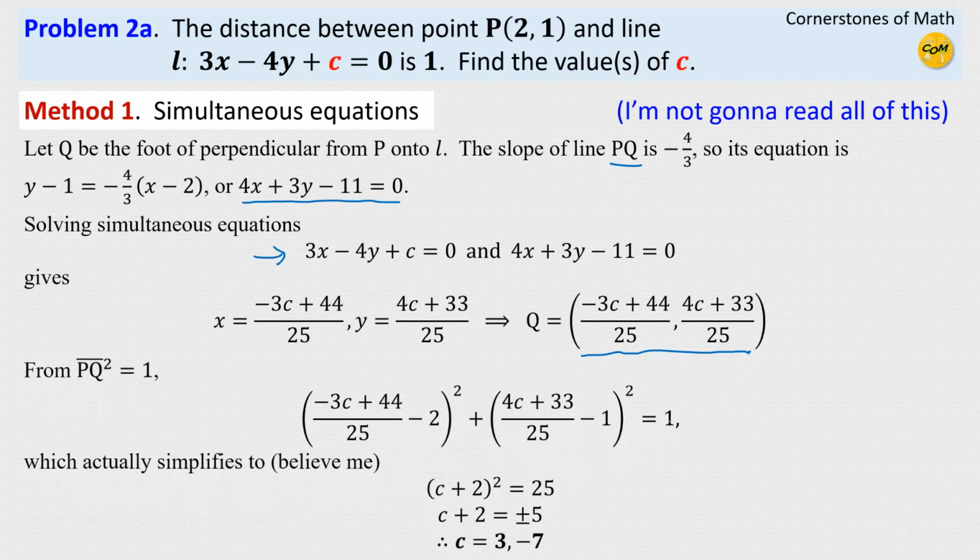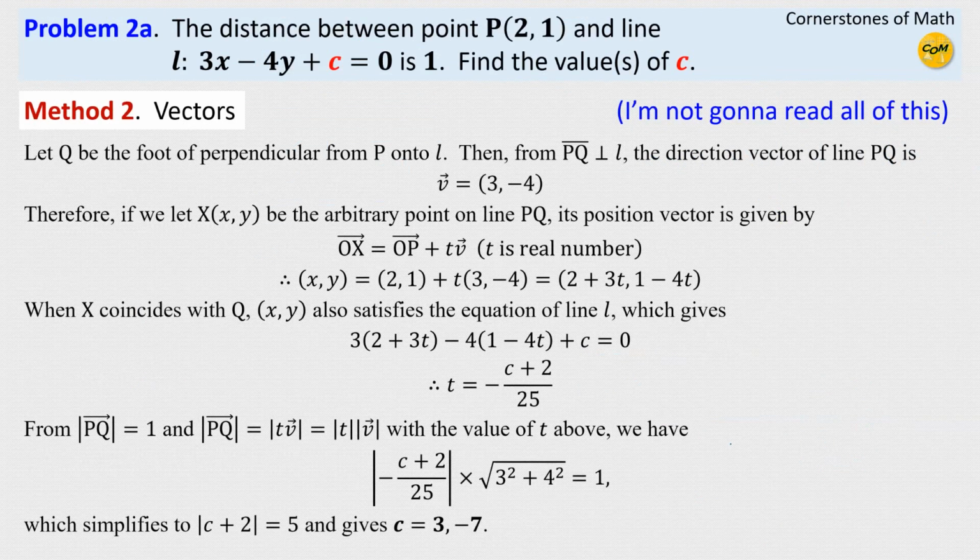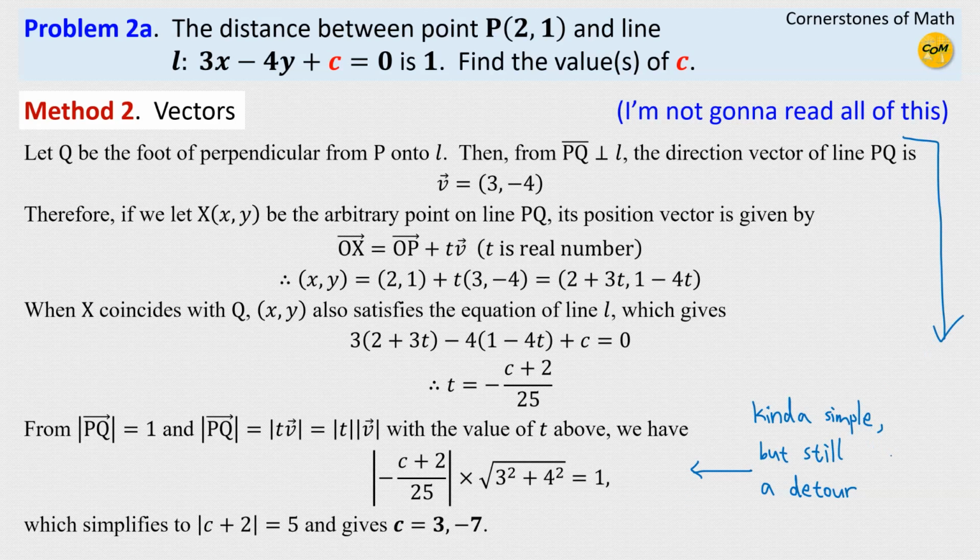And when it comes to the part where we set up the equation using the given distance d and solve it to find c, you'll notice that the equation is now much more complicated compared to the formula method. And if you use the vector method, in this case it actually yields an equation that is quite similar to the case of the formula method, but still you have to take many steps in order to get there.